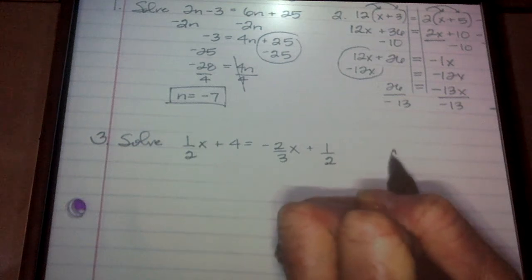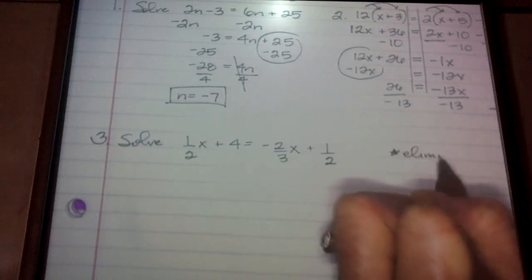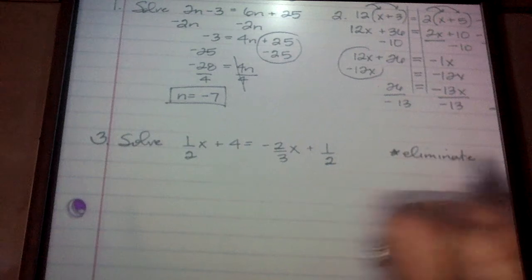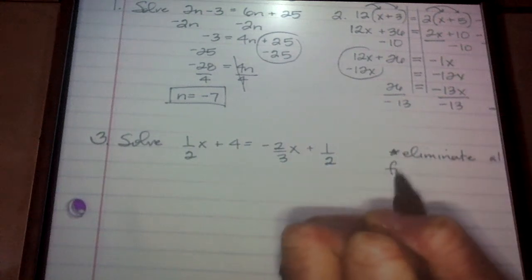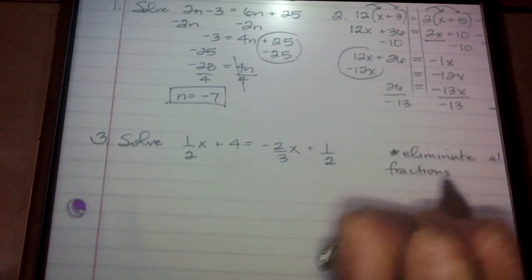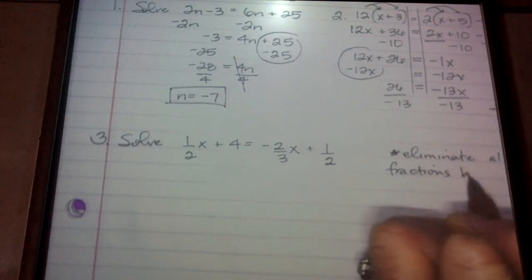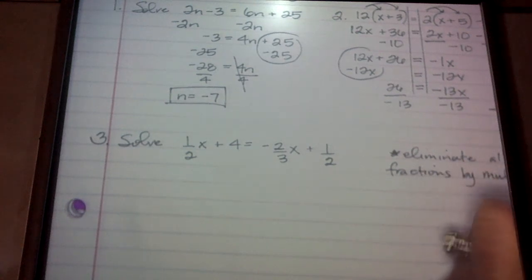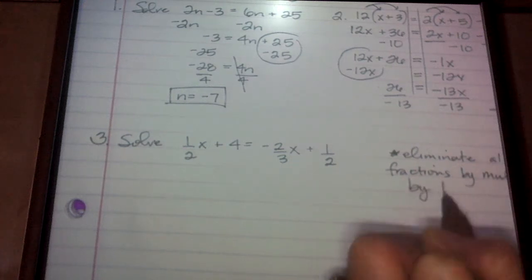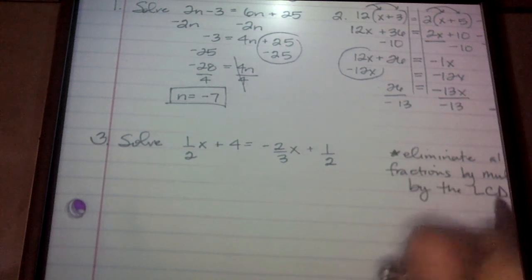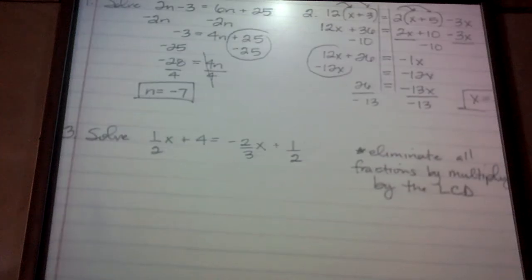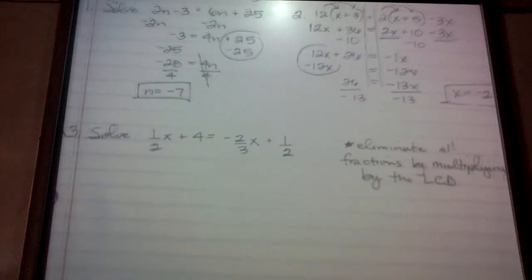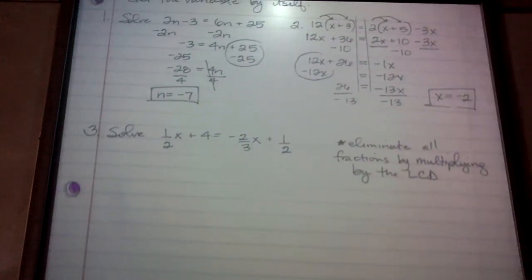Now, because I don't like fractions, I'm going to eliminate all fractions by multiplying by the least common denominator. Here, so let me zoom out so you can see that. So I'm going to multiply this entire equation by my LCD.